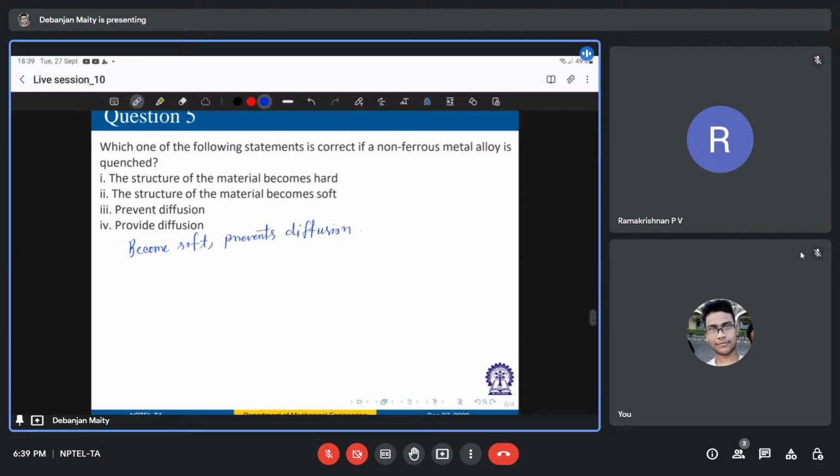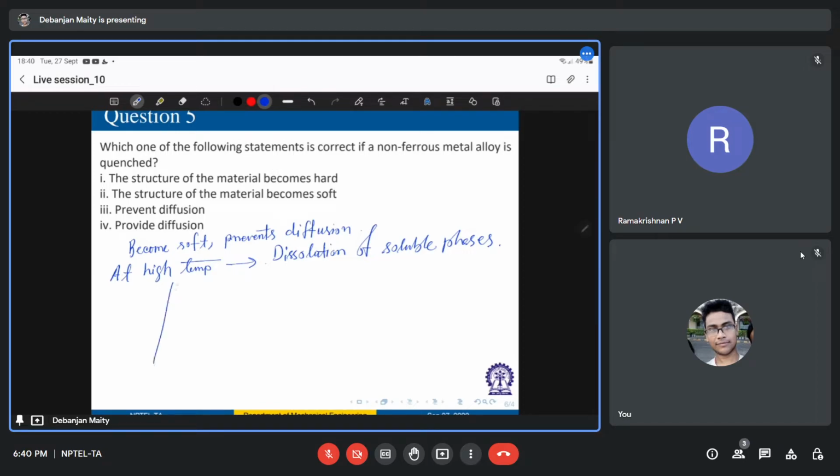Basically, what happens is like this: whenever you are increasing the temperature, at high temperature it is sufficient for dissolution of soluble phases and compounds, which are then retained in solution by cooling rapidly from the solution treatment temperature.